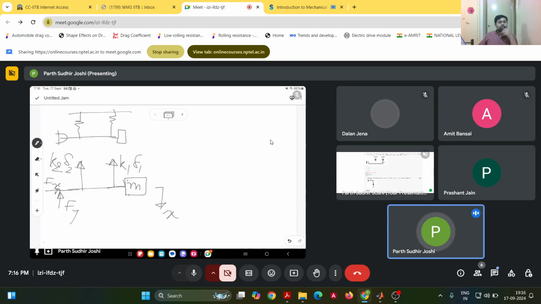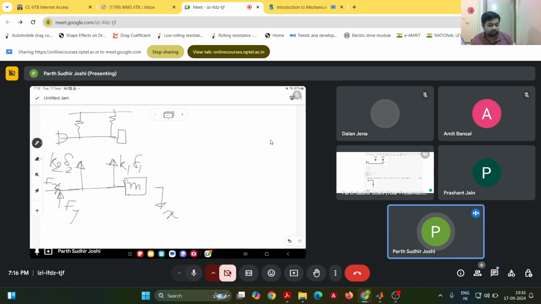Any other dynamic forces that you can think of? All right, so these are the only net external dynamic forces acting here.